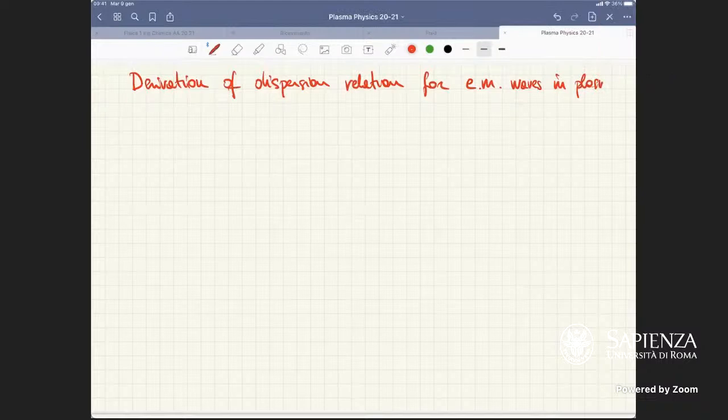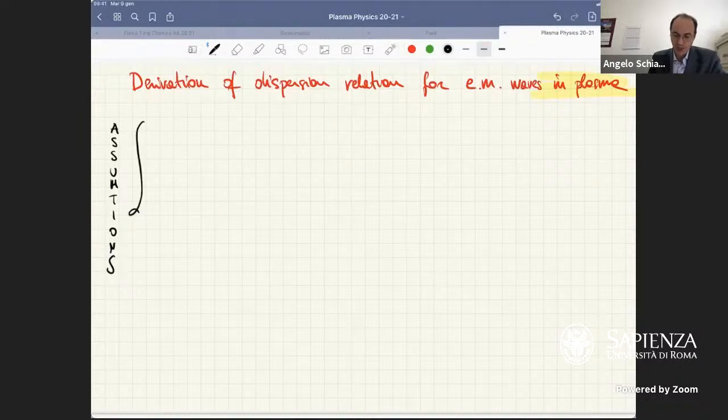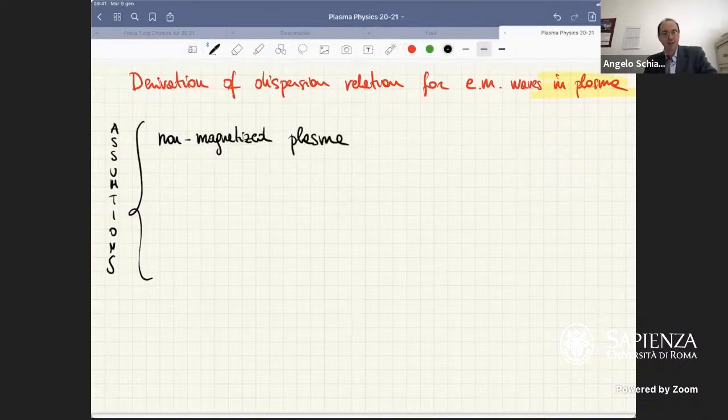Okay, now the new ingredient that we add to our model is the presence of the plasma. So what are our assumptions? We assume that the plasma is non-magnetized, in the sense of MHD, as you studied.